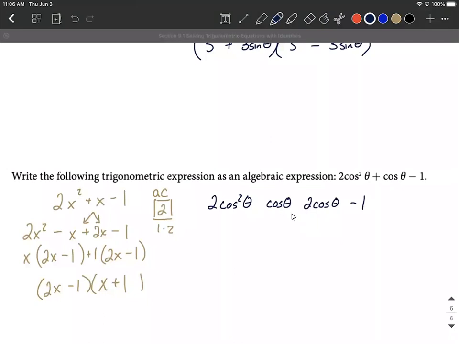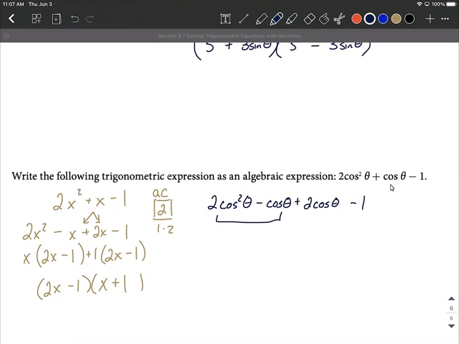We want to make sure that if we combine these like terms back together, we end up with plus 1 cosine of theta. So very similar. We're going to go with subtracting the 1 and adding the 2. Minus 1 cosine of theta plus 2 cosines of theta is going to make 1 cosine of theta.